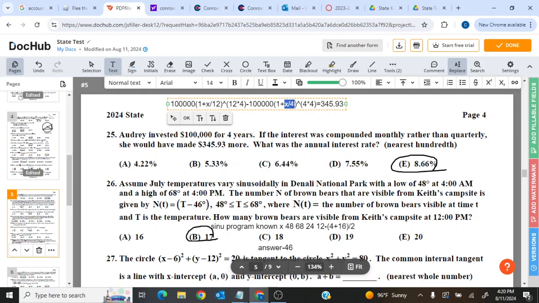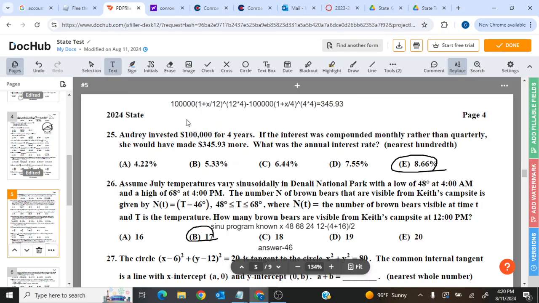So 1 plus x over 4, to the power of 4 times 4. And that has to be equal to making $345.93 more. Do that. Make sure you have an x value that's like 0.05 or something so it doesn't give you some weird value. And you'll get 8.66 as your percentage.